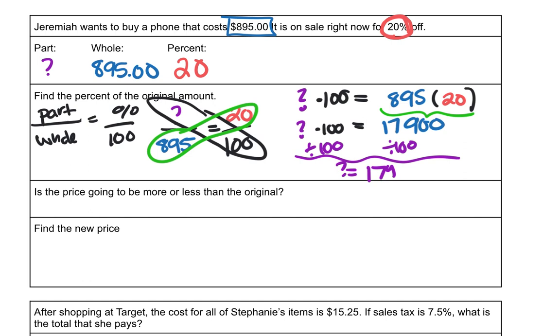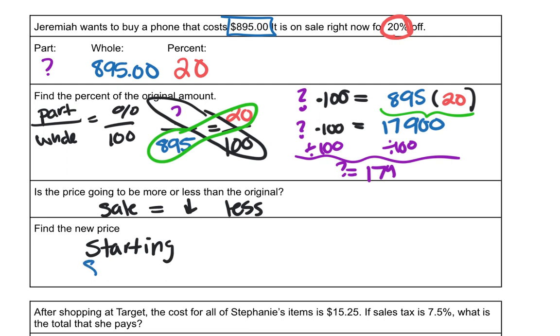So in this problem, we're talking about a sale. So that means that the price is going to go down and be less than the original price. And when it's less, that means I'm going to subtract. So to find the new price, I'm going to take the starting amount.